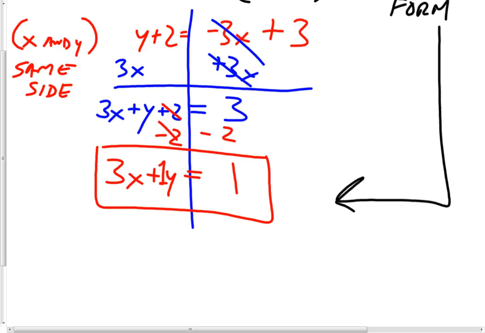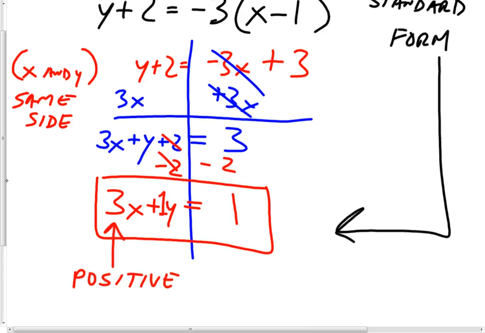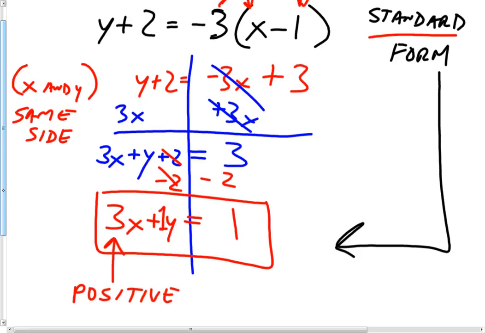We also want this to be positive. This is what we did not discuss the other day. So when you're done, if it's truly standard form, we want this to be positive.